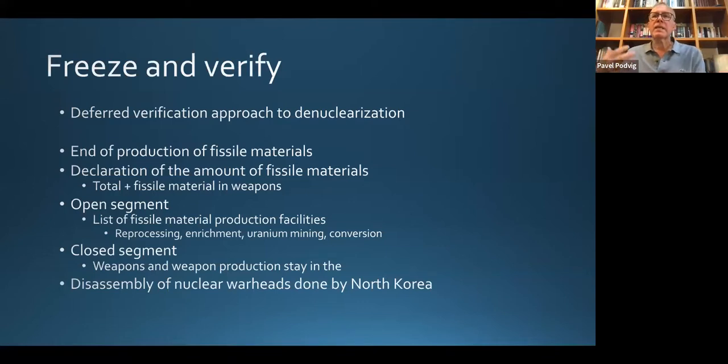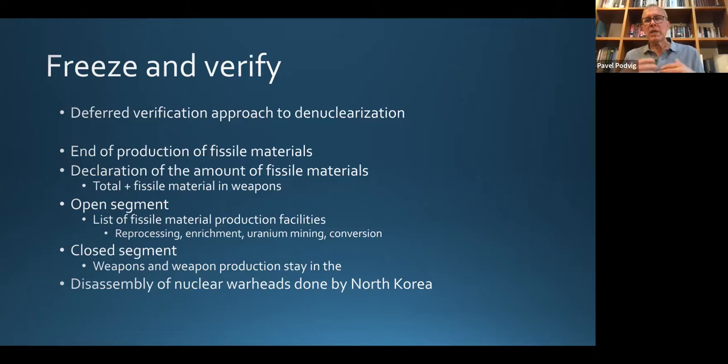And by looking at the material flows, looking at what you can recover from production records, I believe that you could determine if there is a second or third enrichment facility somewhere. Because if there is, then you will see that in the material flows, and you will eventually. And definitely, if it is operating, you will definitely see that.